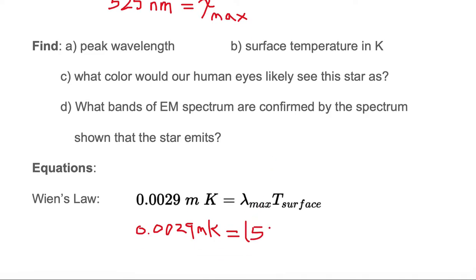Now, 1 nanometer is 1 times 10 to the minus 9th meters, so we multiply our 525 by 10 to the minus 9th to convert nanometers into meters.